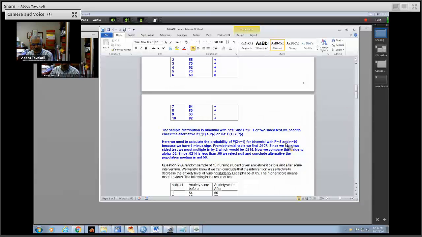So what we could have done, here we have one negative, so we could have calculated the probability x less than or equal to 1 with the binomial, p equal 0.5 and n equal 10, and from the binomial table, n equal 10, less than or equal to 1, you would get 0.0107.